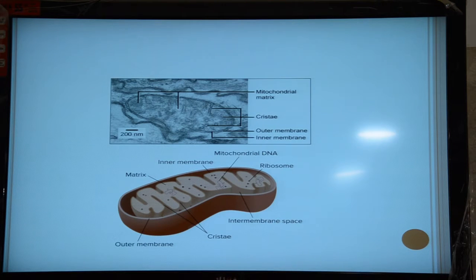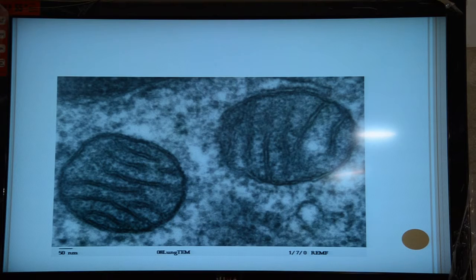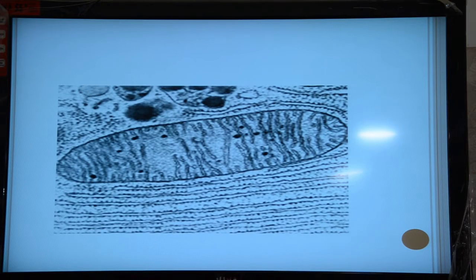This figure shows an electron microscope image of the mitochondria, and this figure also shows the electron microscope image of the mitochondrial organelles.